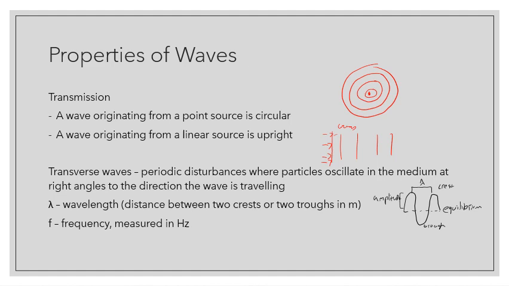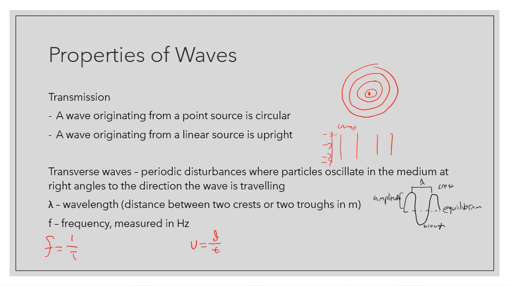Wavelength is the distance between two crests or two troughs, and that's typically in meters, and is signified by the Greek letter lambda. And the frequency is 1 over T, and it's measured in hertz. With these two concepts, we can actually get an equation for the speed of a wave. Recall that velocity is equal to distance over time.